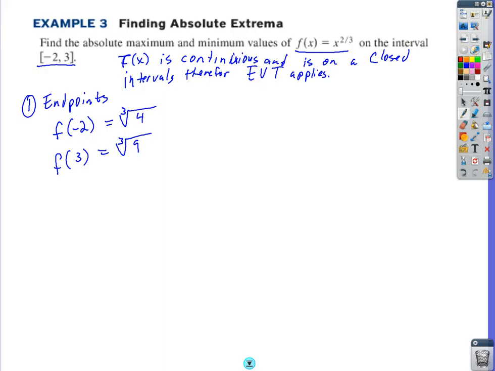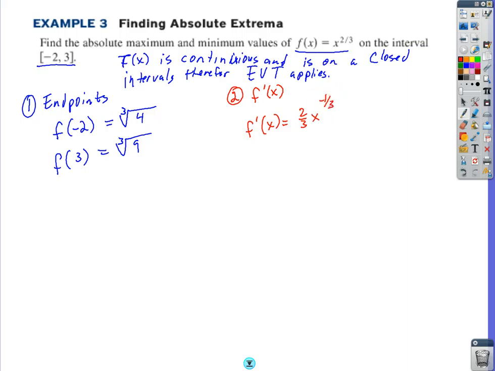What I need to do now, step 2, is to find my f prime of x. This is fairly straightforward. I find f prime of x is equal to 2/3 x to the -1/3.